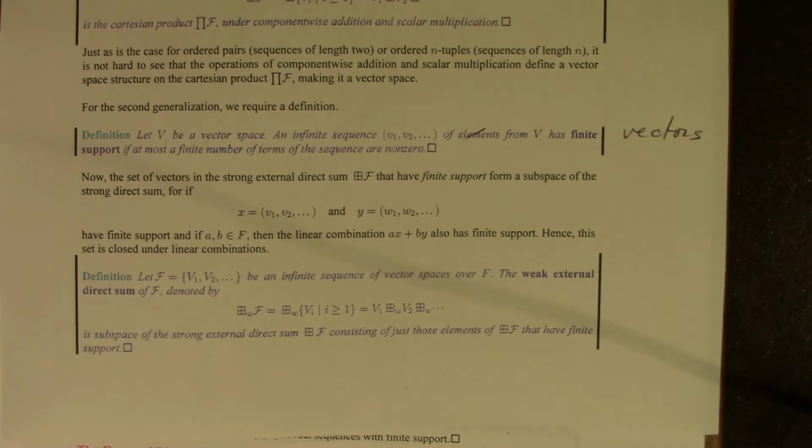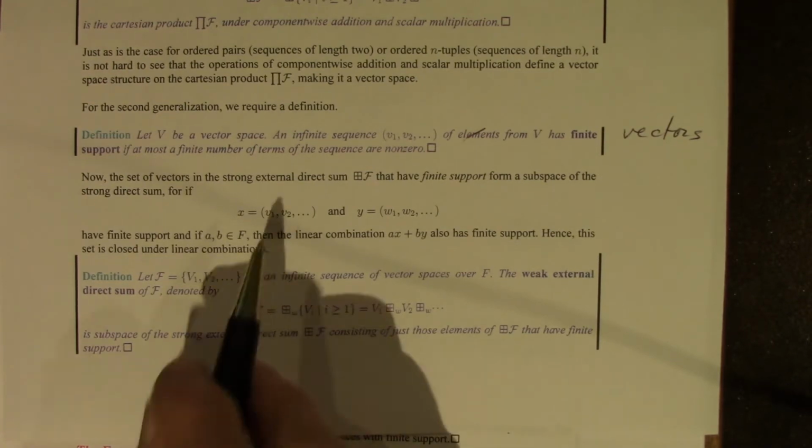Now, the set of vectors in the strong external direct sum that have finite support is a subspace of the strong external direct sum, because when you add two infinite sequences with finite support, the sum has finite support.